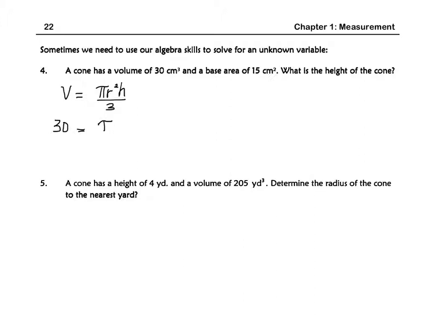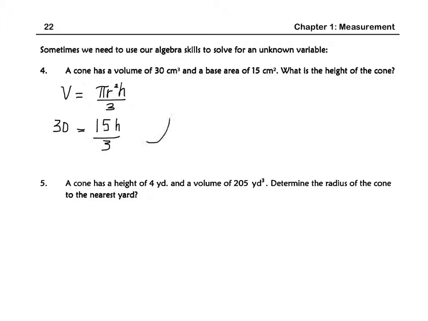So we've got pi, well, we don't even need to, it says the base area, so we don't even need to go pi times r squared, because we can just replace the base, which is the circle part, with 15 times the height. We don't know the radius, but we do know that the circle area is 15, so we have 15 times height divided by 3.